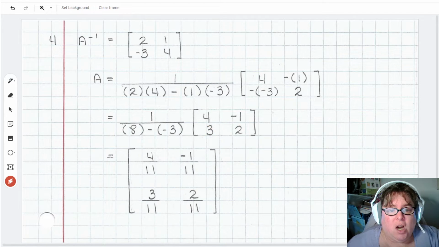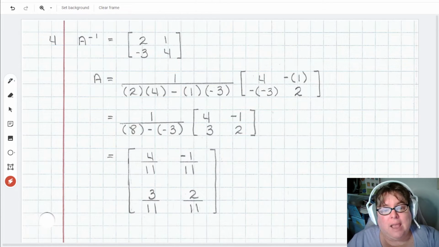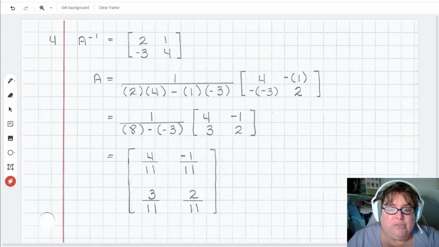So we take our A and our D, and we multiply them together, and we take our B and our C, and we multiply them together. 2 times 4 gives us 8, minus 1 times a negative 3 gives us a negative 3. We're subtracting a negative 3, so you add 8 plus 3 to get 1 over 11.